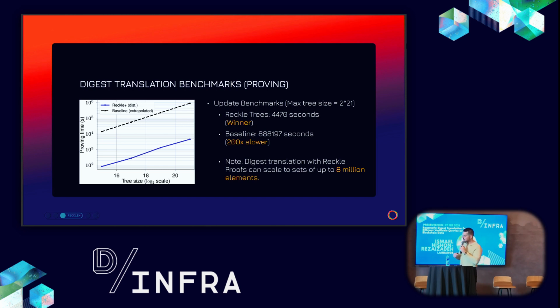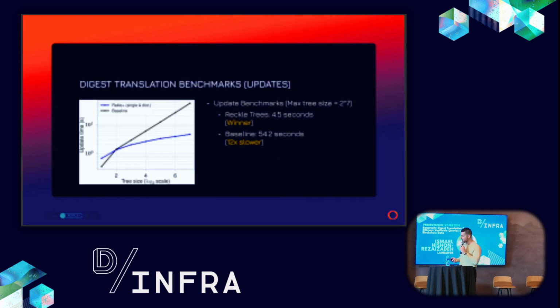And so we were able to push the boundaries of digest translation well over 8 million elements in these sets for Reckle plus trees, and we have historically hit memory limitations when trying to do this with sequential naive approaches, whether that be Hyperproofs or Merkle SNARKs.